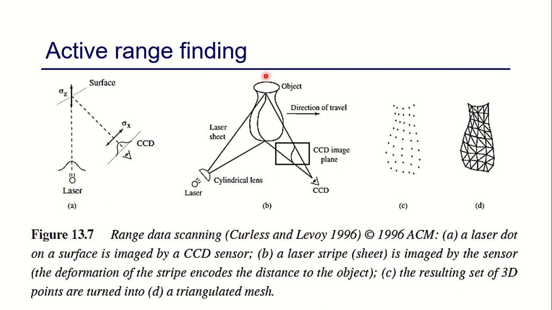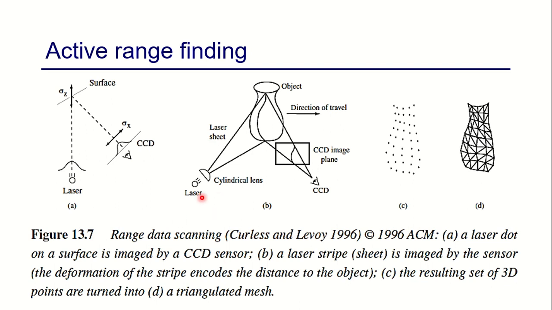Active range finding. This is the diagram which shows the range data scanning. A laser dot on a surface is imaged by a CCD sensor, and this is the surface, and a CCD captures the image at this position, that is the point of view.